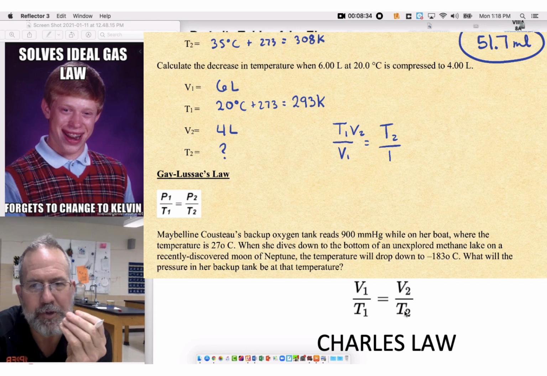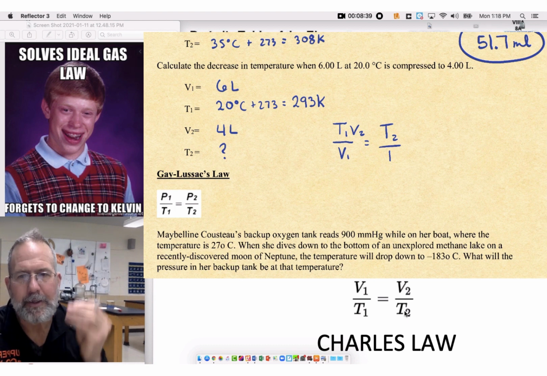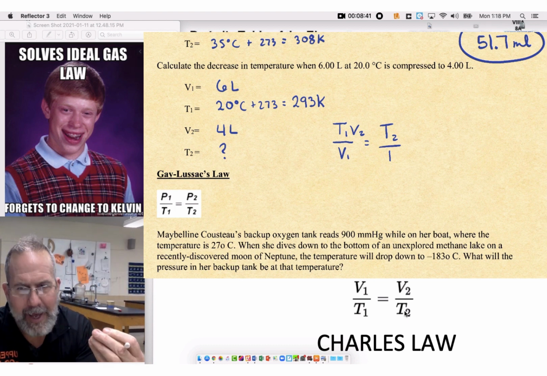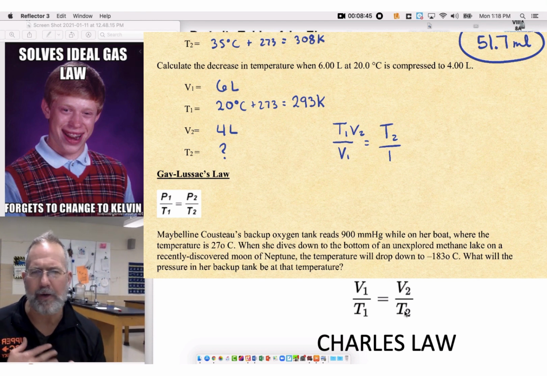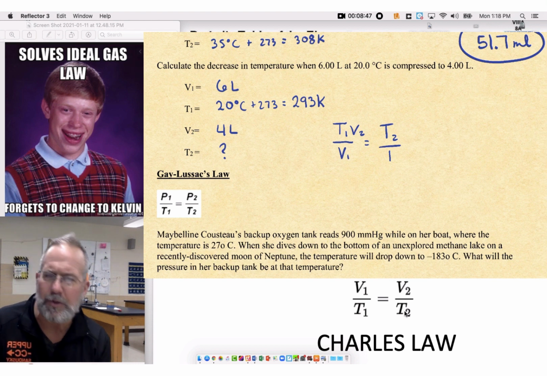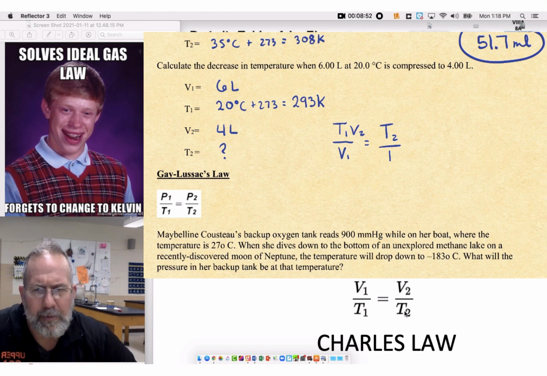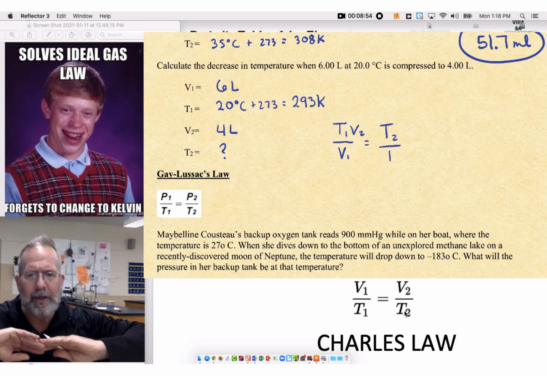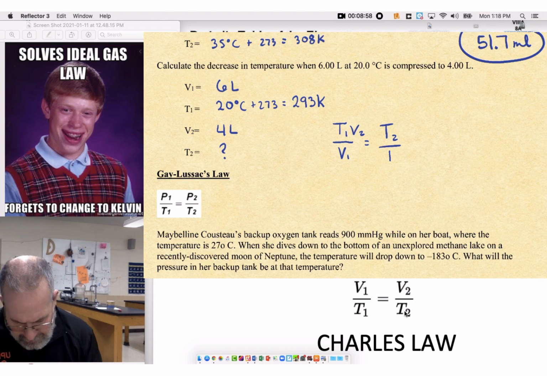Make sure that you solve for T on the top of the fraction. Don't solve for 1 over T by accident, or you're going to end up with the inverse of the answer, which we don't want. If you get a very small decimal, 0.002 something, it's probably wrong. It's probably your algebra. You probably have the thing flipped upside down. All right, enough said. Let's just punch this in.